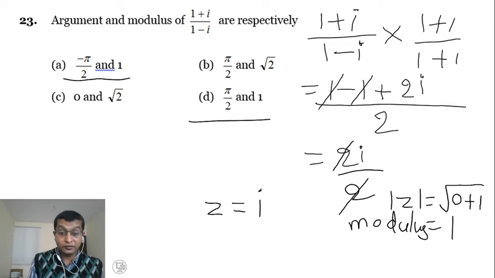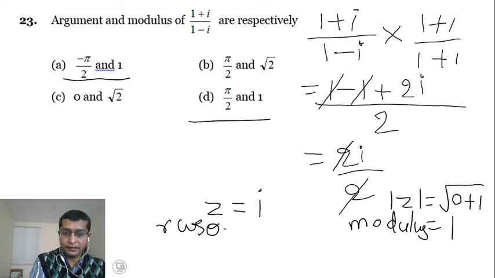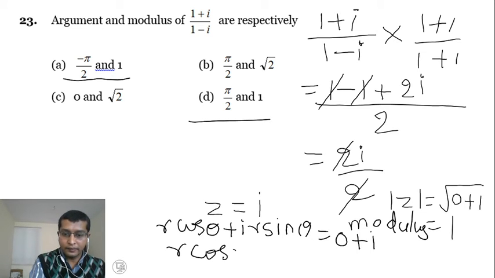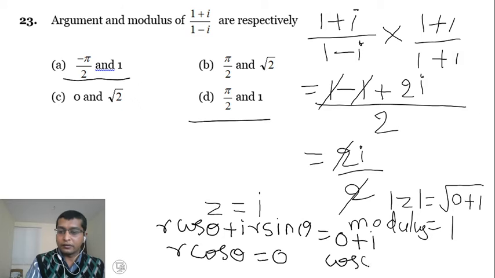So here there is no further option, we should solve for the argument of the complex number. So z, I write, equals r cos theta plus i r sin theta. Further, we can write this as i is 0 plus 1 times i. So now what I do, real part is equated with real part. So r cos theta equals 0, then cos theta equals 0.